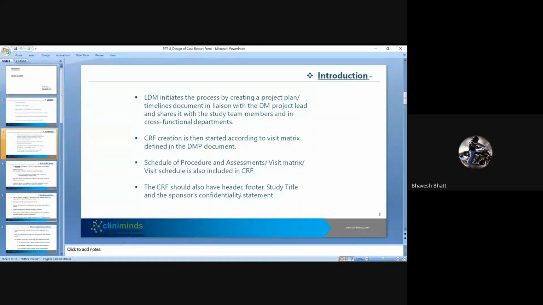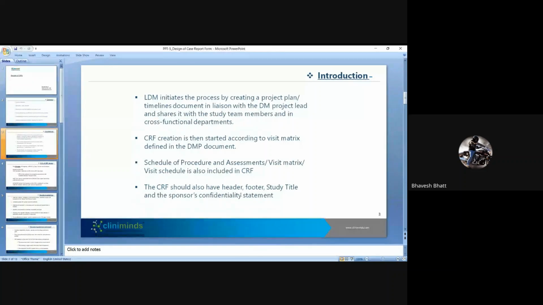With them, the lead DM shall discuss and draft the timelines, and then that is circulated with the other study team members and the cross-functional departments. So we have our clinical team with whom we are going to discuss these, the cross-functional departments, as in the clinical data programmers, the medical coders, as well as database designers.